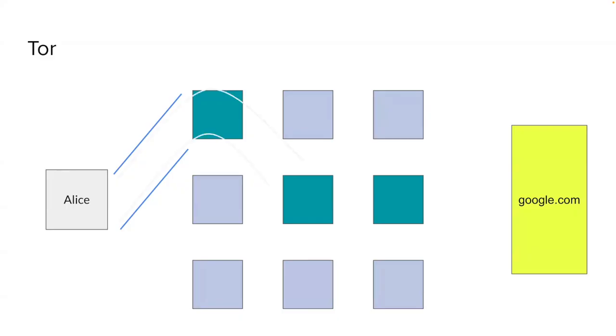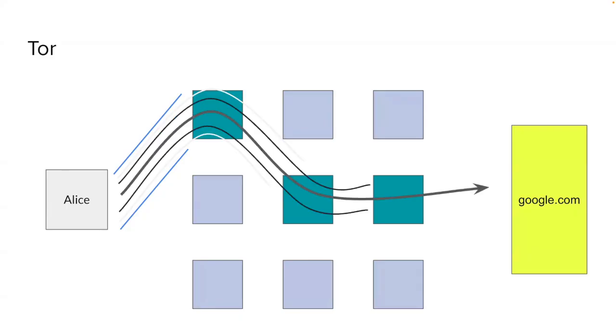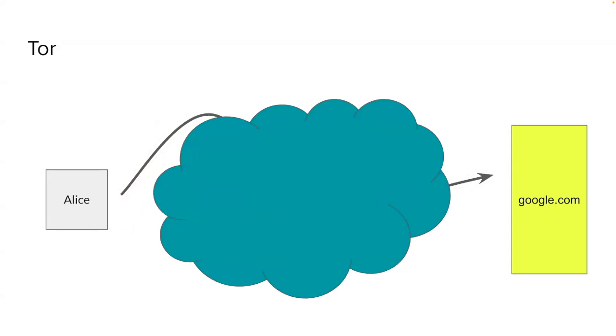You just talk to the entry node, and then this entry node talks to the next one, and so on. Finally, you set up a connection with google.com. So from the attacker's view, it knows that Alice is talking to something in the Tor relay nodes, and the entire set of Tor relay nodes is talking to google.com.